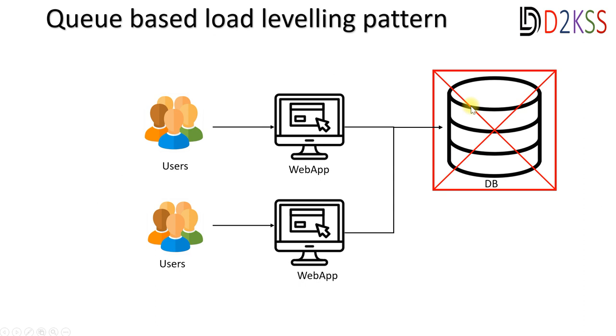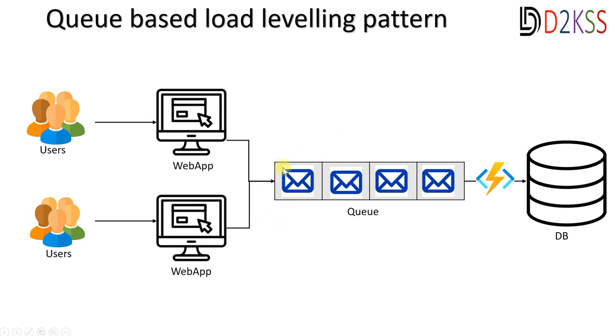Here we need to consider that I don't want to create multiple databases to write the data into. I want to maintain a single database. I want to auto scale these web applications, and the users should get better performance. How we can achieve this is by implementing a queue.